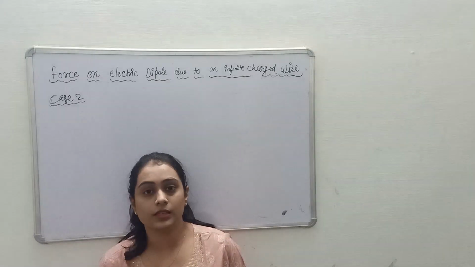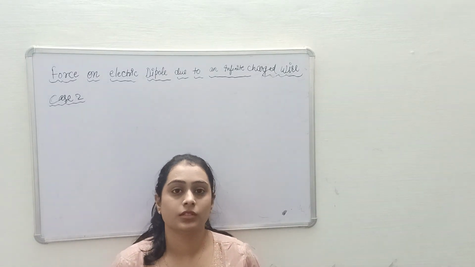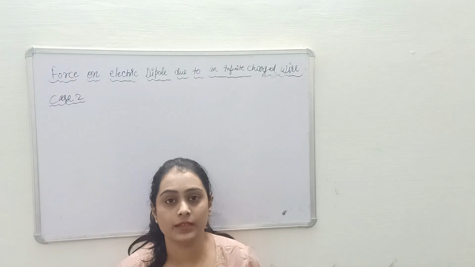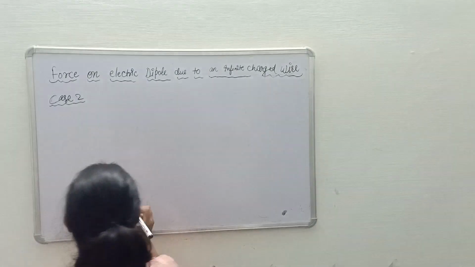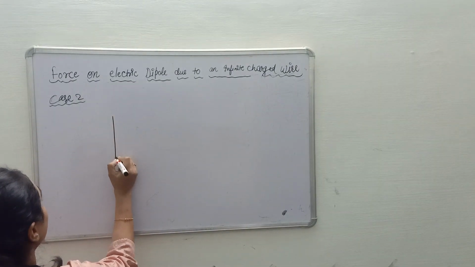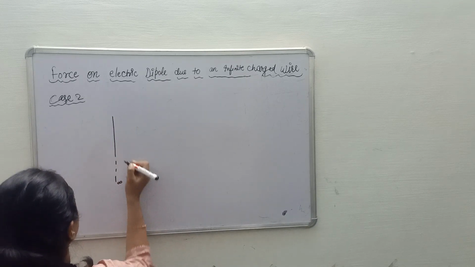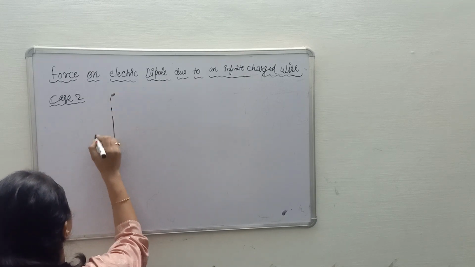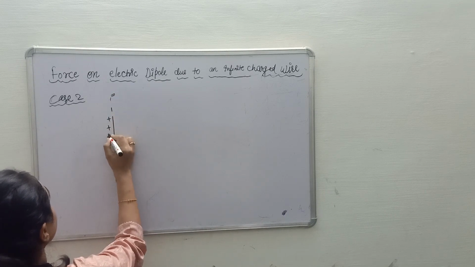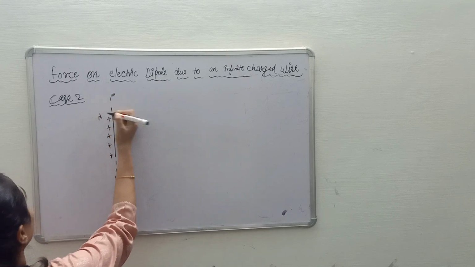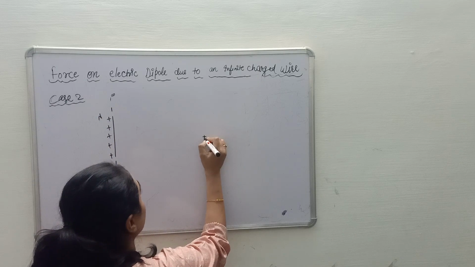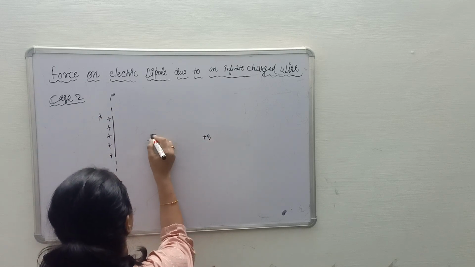Now take the second case for this question, in which the orientation of the dipole is placed like this. This is the infinite wire having line charge density lambda, and the dipole plus q and minus q.